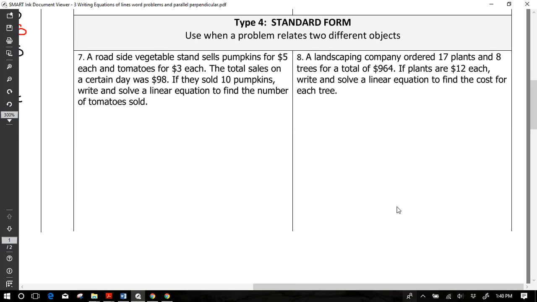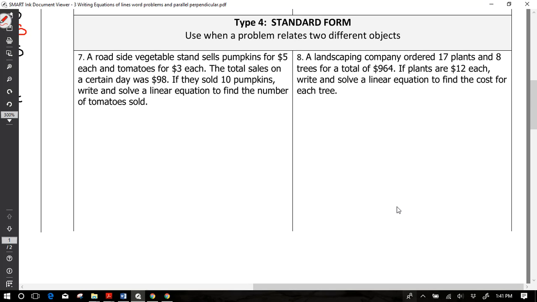Type 4 is, what if they give us information that is already in a standard format? So standard form word problems, we always kind of know that it's going to be in standard form because they are going to relate two different objects to us. So let's look at number 7.